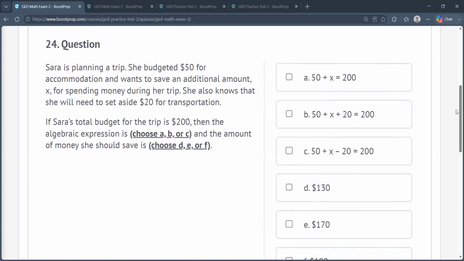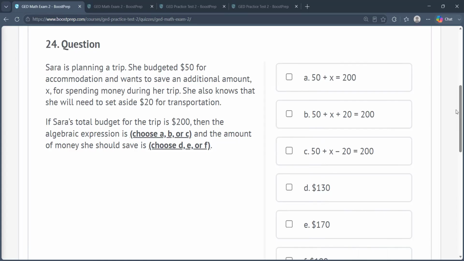Okay, 24. So on 24, this is a two-part question, they're asking for two answers. 24 says Sarah is planning a trip. She budgeted $50 for accommodation and wants to save an additional amount X for spending money during her trip. She also knows that she will need to set aside $20 for transportation.